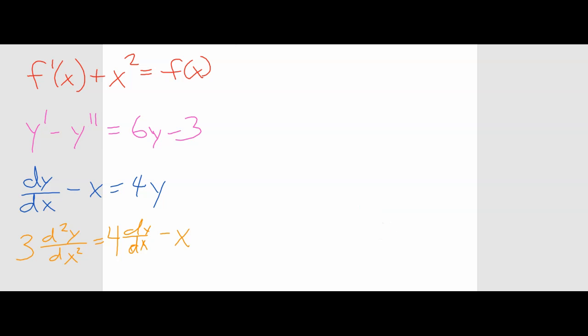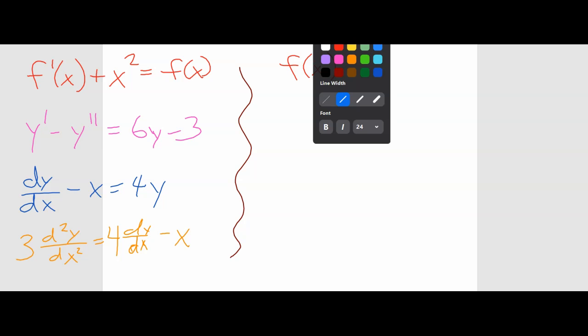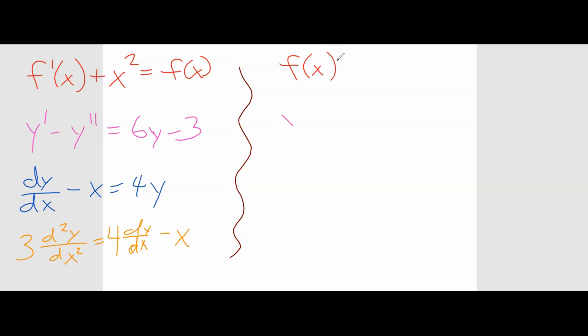When I solve one of these differential equations, I am going to be finding the original function. Up here for the red, I would be finding what the function f of x looks like. For the pink, I'd be finding what the function y looks like, so y equals something.